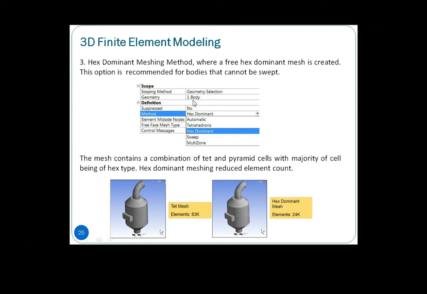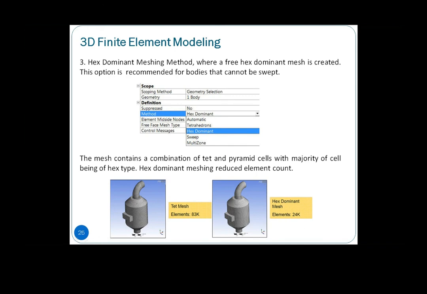It's usually for those bodies that cannot be swept and you still want to use hexahedron, then you use hex dominant. Compared to tetra and hexa, this hex dominant will reduce the element count in terms of discretization, so you are using fewer elements compared to tet.